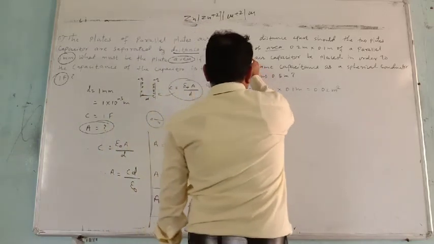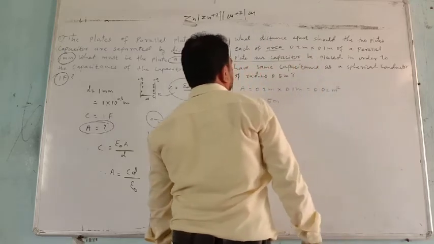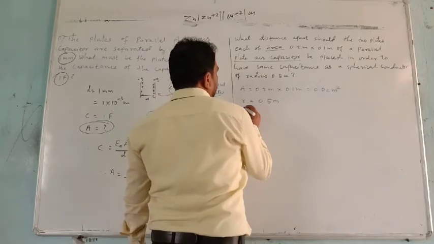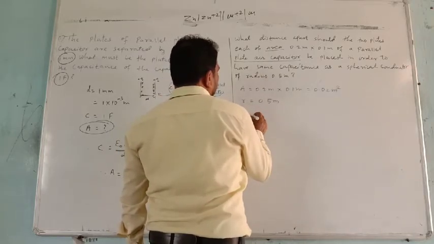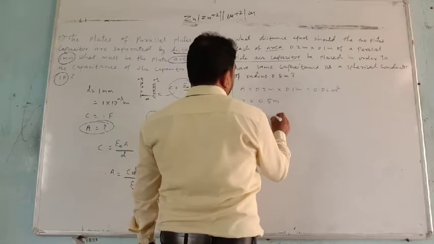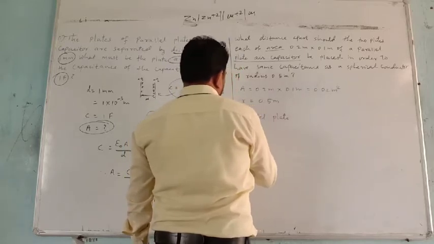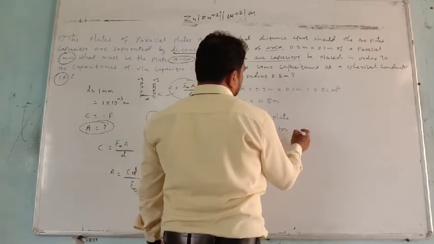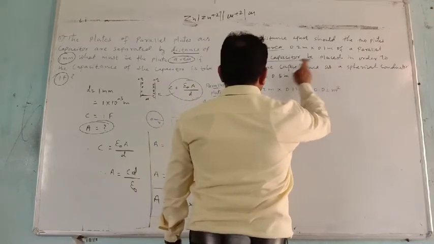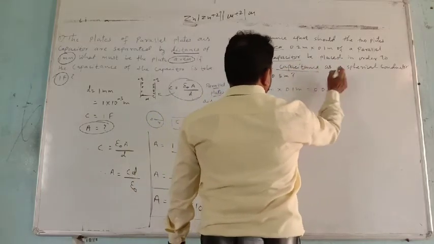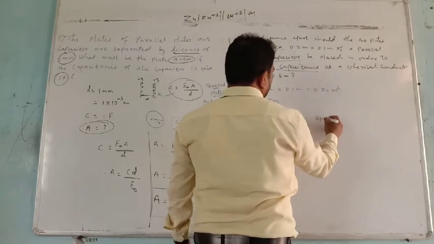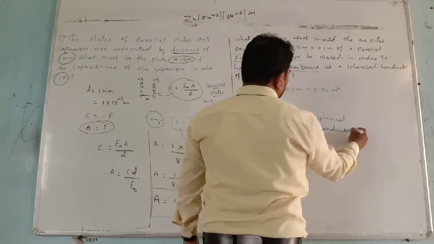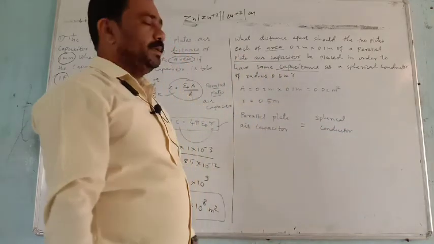A condition is given, that two conductors are there. We should write here two capacitors are given: one is a parallel plate air capacitor, which is exactly equal in capacitance to an isolated spherical conductor.